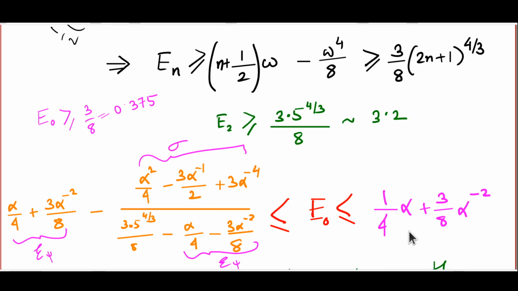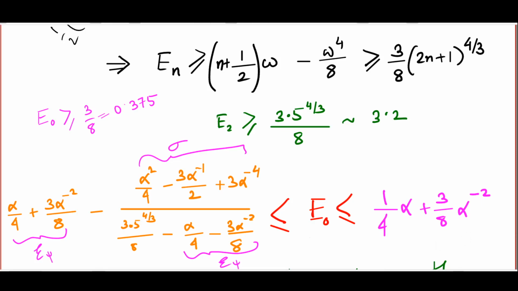Of course, choosing alpha which minimizes this is something we have already done when we try to find out the estimate using the variational method. To choose alpha to maximize this takes a bit more effort, a numerical calculation rather than an analytical one.